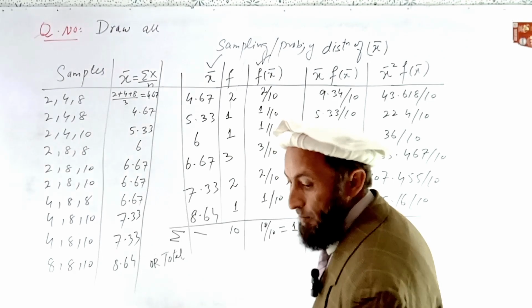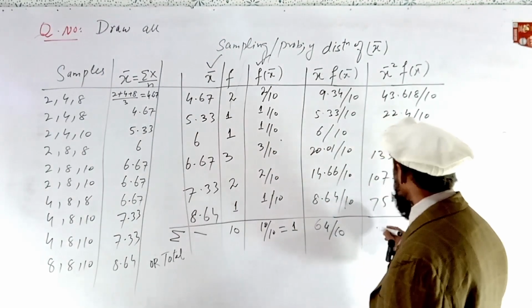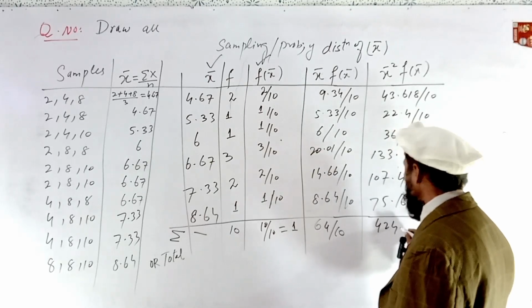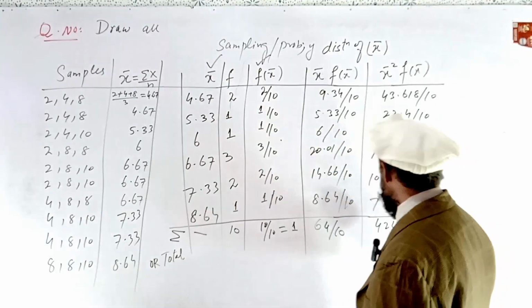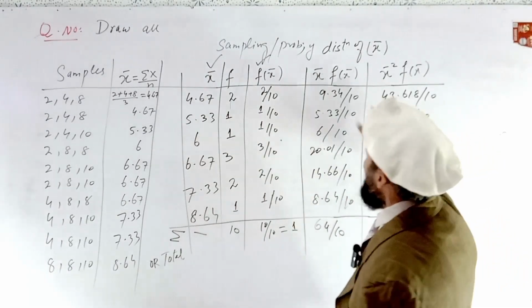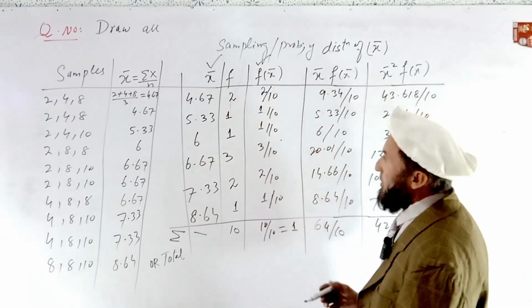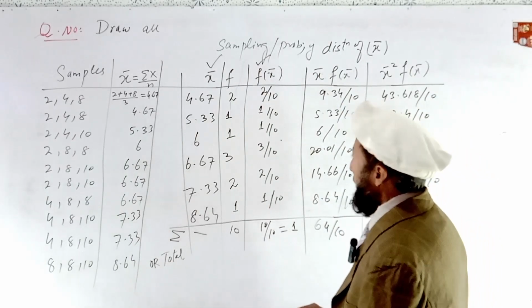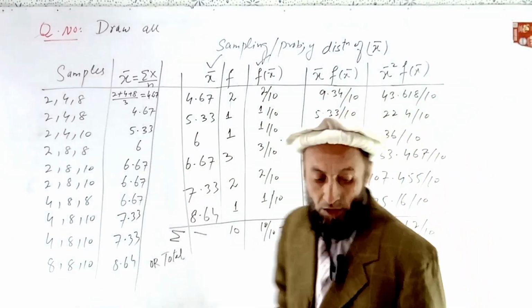If we sum these numbers, we get 422.12 divided by 10. This is the sampling probability distribution. Now we want to prove the results.